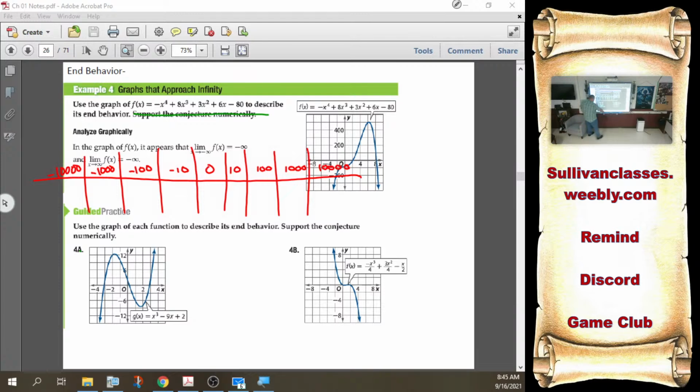Okay, so I think we should have the limit of my, that's a g of x. Limit of g of x as x approaches negative infinity is, limit of my function as x approaches positive infinity is.